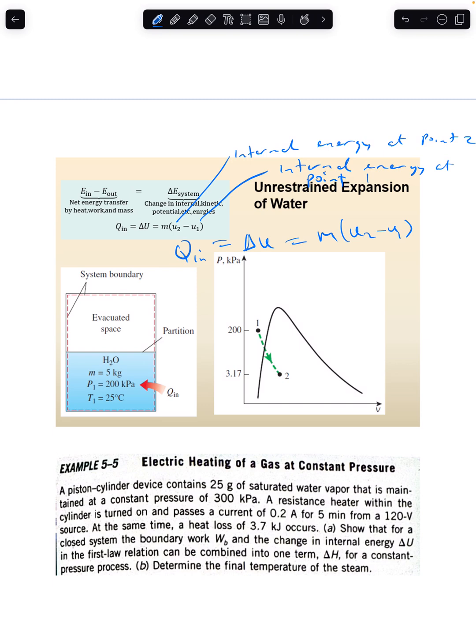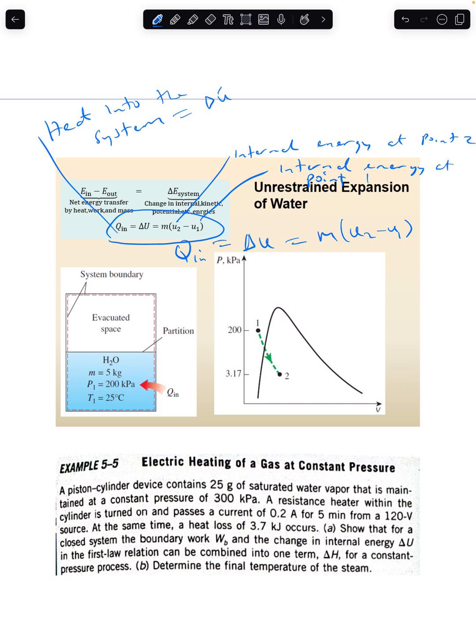So that is the unrestrained expansion formula. So whenever you are told that the problem is an unrestrained expansion, just know that the heat into the system is given by a formula, which is still equal to what?